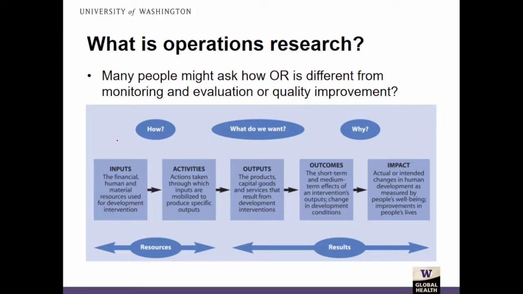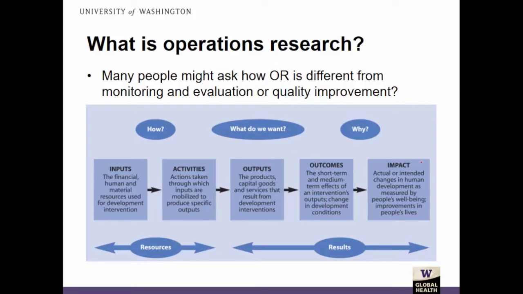So operations research focuses on using mathematical approaches to test and optimize how we can best use these inputs and activities and processes to maximize what we might get in the output, outcomes, and impact buckets.